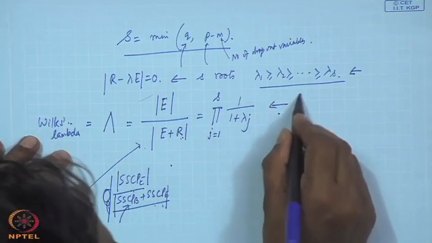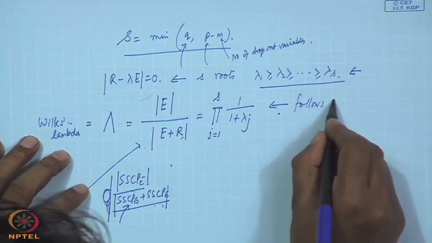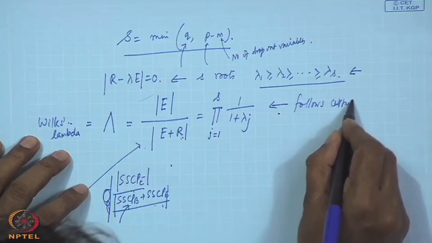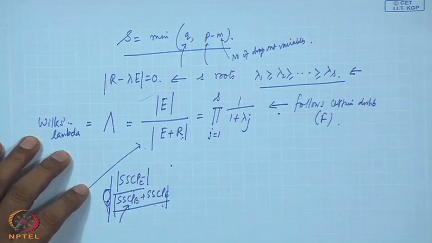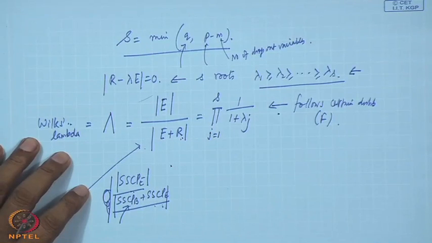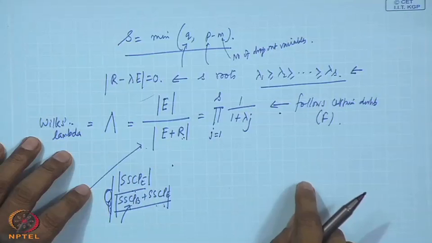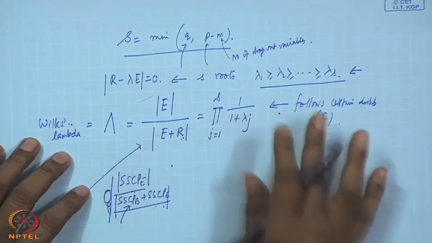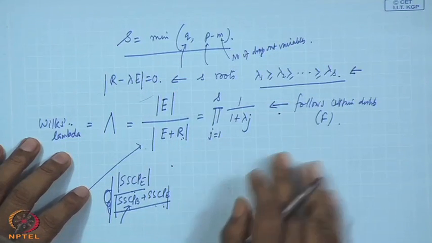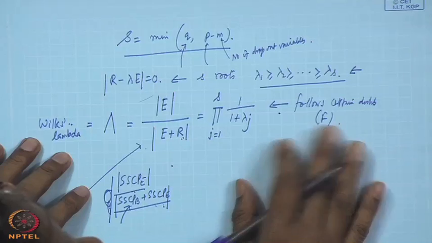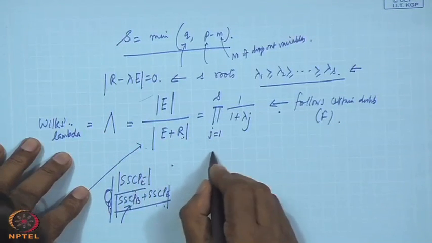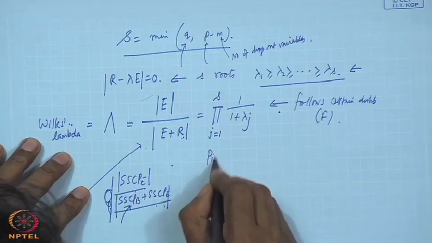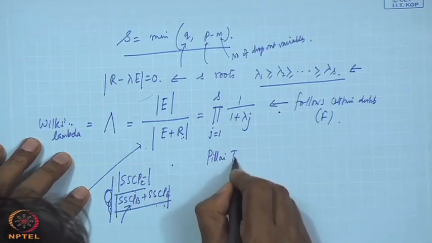This definitely follows a certain distribution, and in all cases F distributions are approximated. Here, some other distributions like chi-square, Bartlett has given a chi-square distribution, and Rao has given an F distribution for this Wilks lambda.